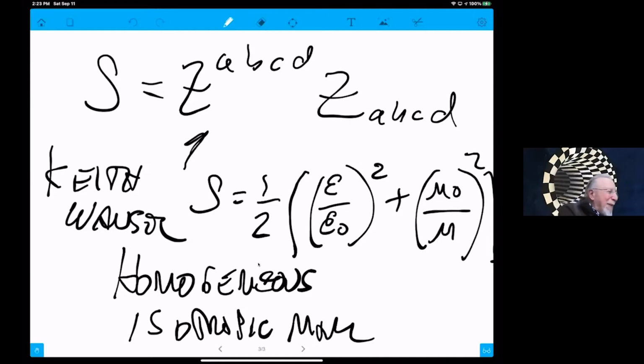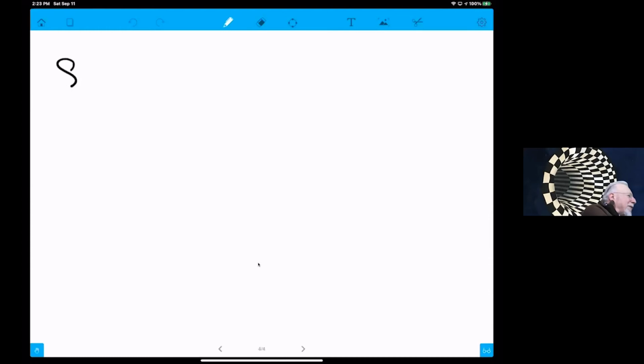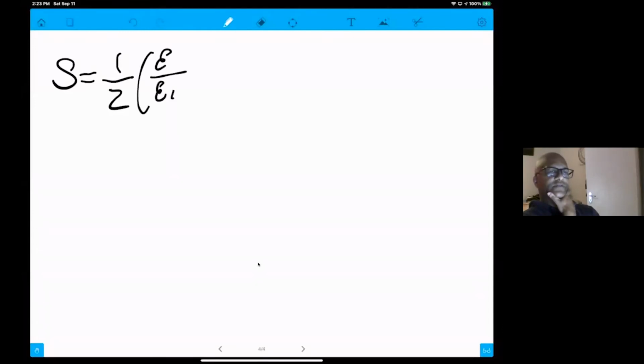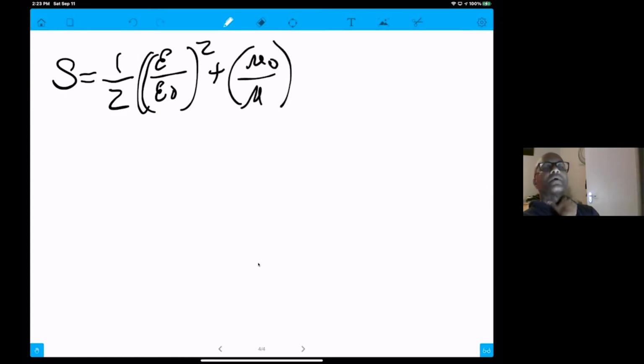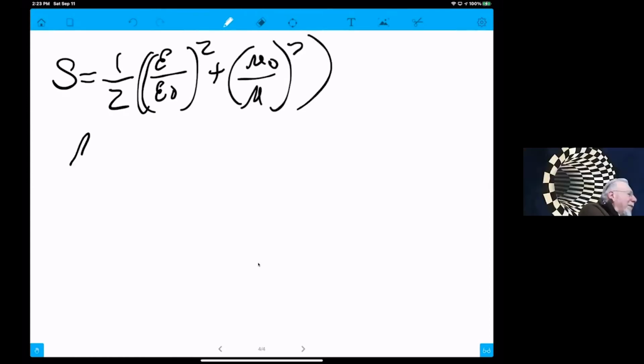Diamagnetic, okay, wait, let me do it again. S equals 1/2. Yeah, I can see you contracted these things. I can't see the generator. Mu 0. What do you get? And mu.